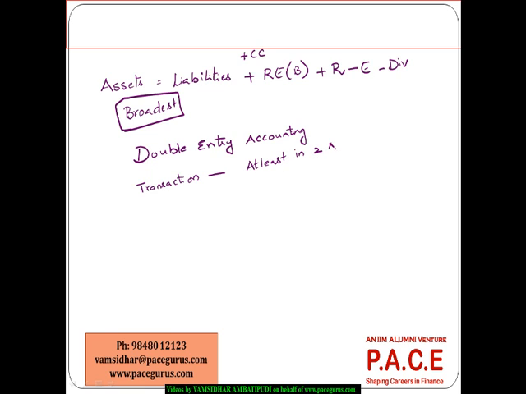Any entry that we make gets entered in at least two accounts. The recording has to happen in at least two accounts.